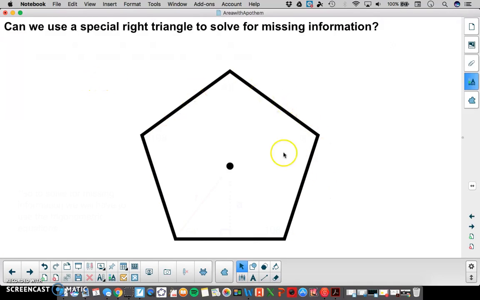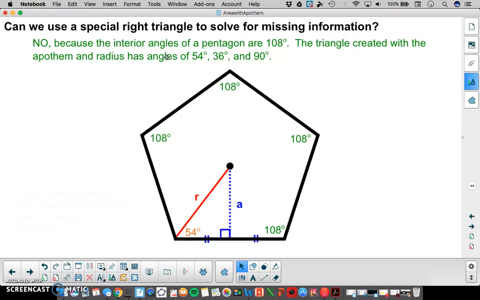Well, if we were to solve for the interior angles using our formula, we would find that each angle was 108 degrees. Therefore, when we drew the triangle with our apothem and radius, that radius would cut that 108 in half and create a 54 degree angle at the vertex. So we don't have a special right triangle pattern with a 54 degree angle. So the answer to that question is no.